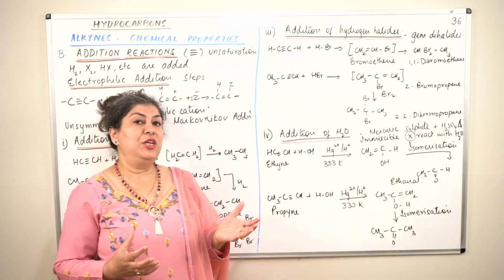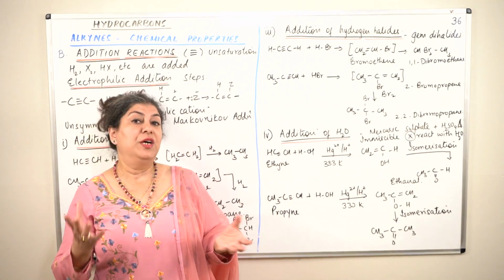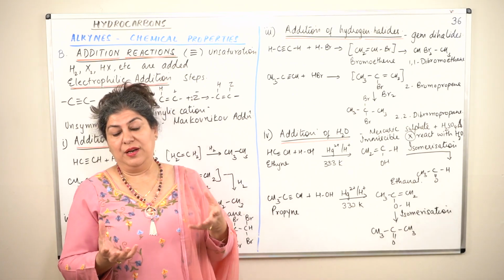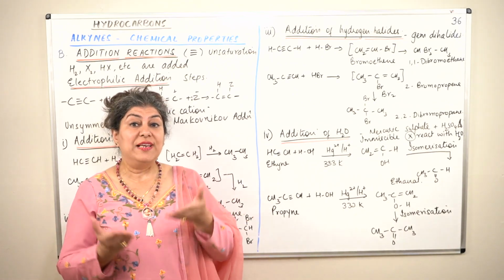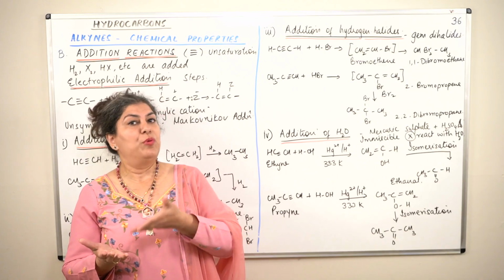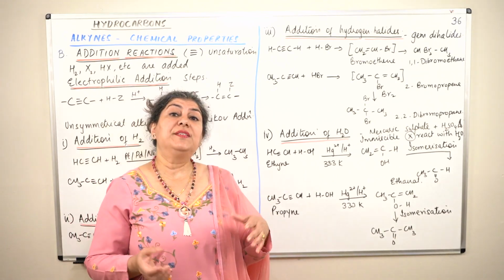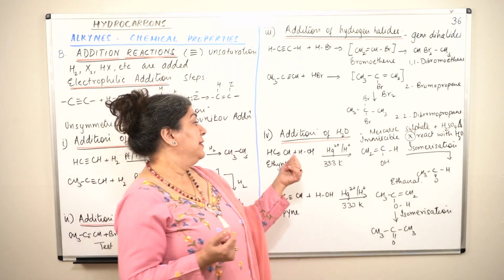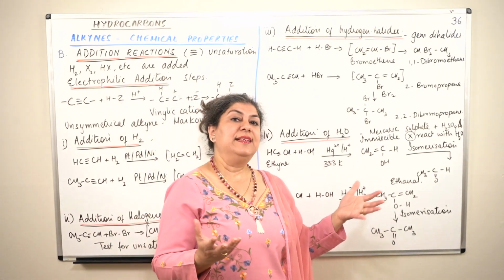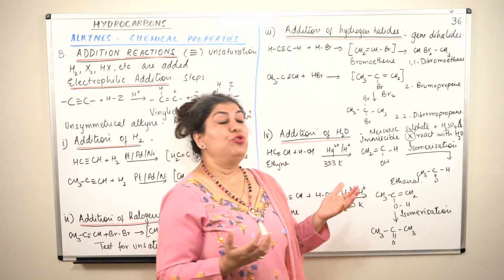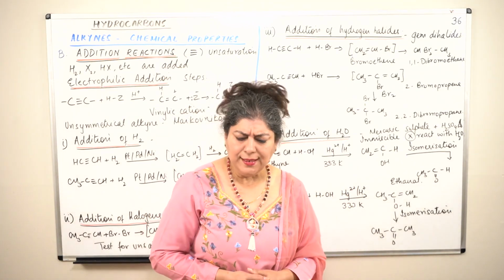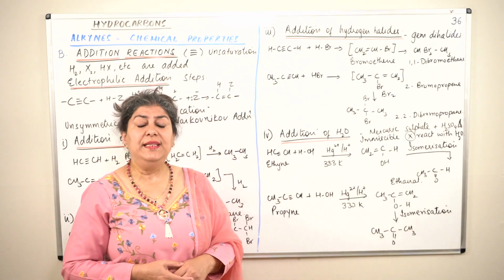Being non-polar in nature and water being polar in nature, they do not dissolve in water. Because like dissolves like, polar solutes dissolve in polar solvents and non-polar solutes dissolve in non-polar solvents. Water is a polar solvent, and the alkenes, alkanes and alkynes are non-polar in nature, therefore they do not dissolve in water. And they do not react with water either.